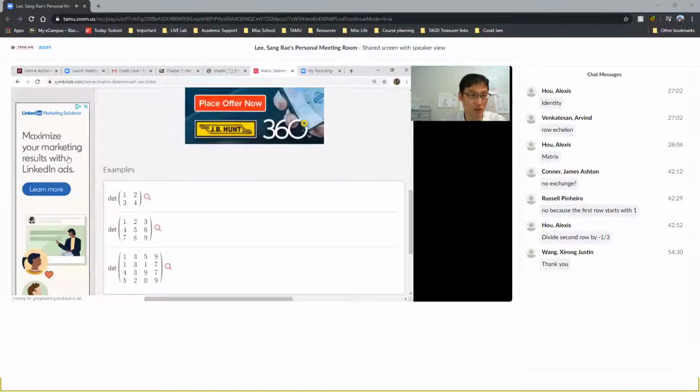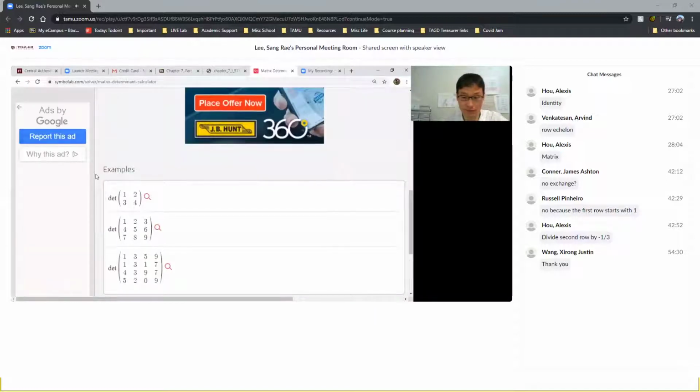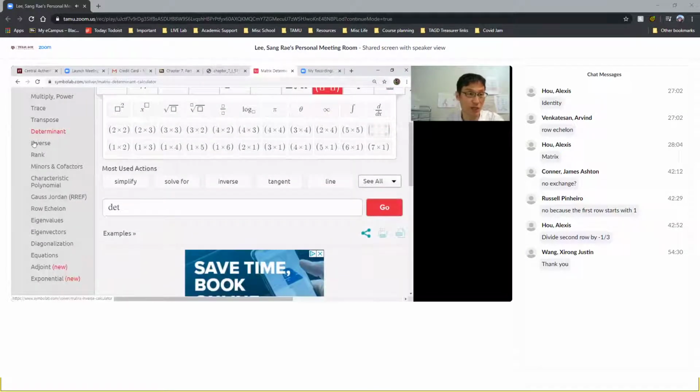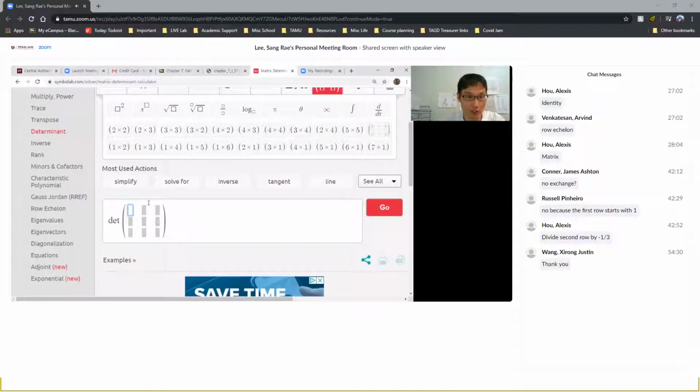And as you see in the left column, you can do a lot of things: multiply, trace, transpose, determinant, inverse, finding rank, Gaussian elimination, eigenvalues, eigenvectors, everything. So now that we chose determinant, as in this red color, you click this blank, then you can determine the size. Say our size is 3 by 3. Once you click the size, you are ready to enter the entries.